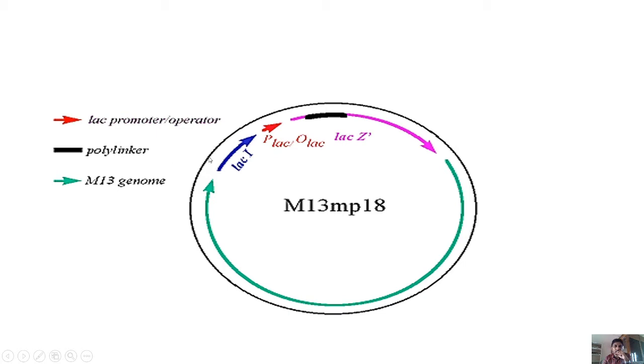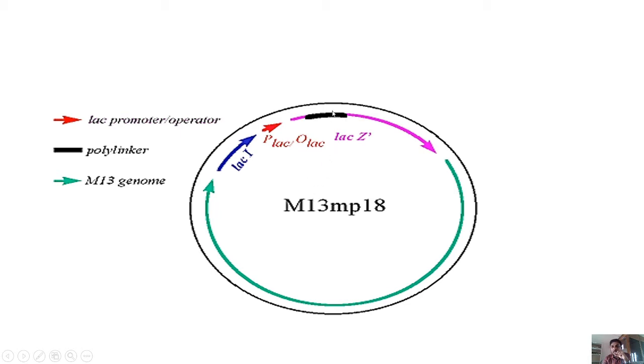And in addition to these three elements, I have told you that you had to add a multiple cloning site also into M13. This is the multiple cloning site or polylinker, this black region, starting from here to here.